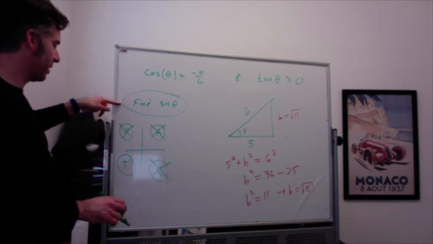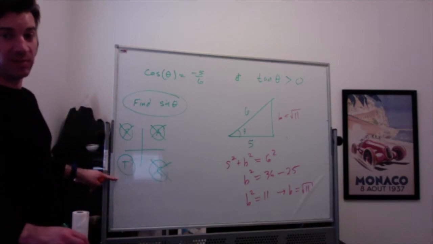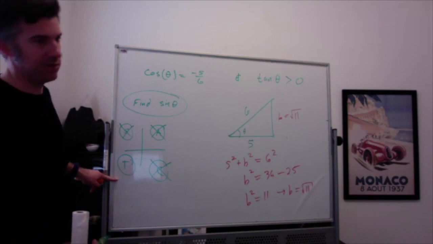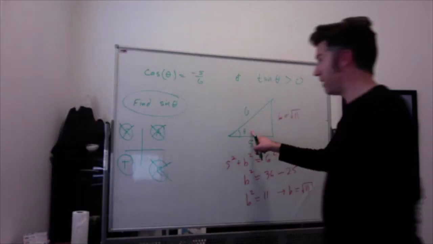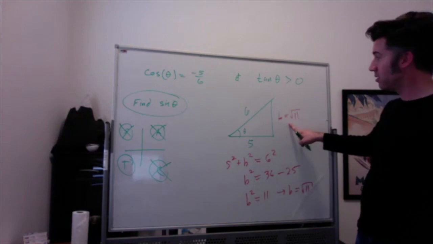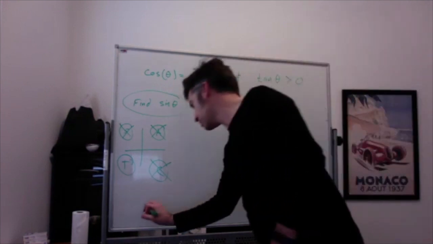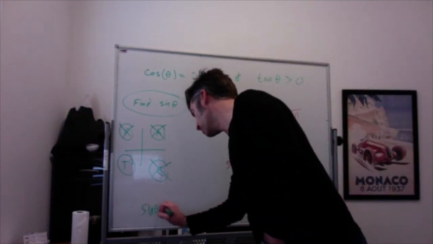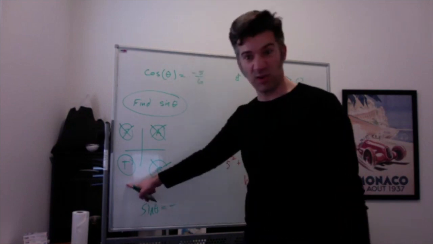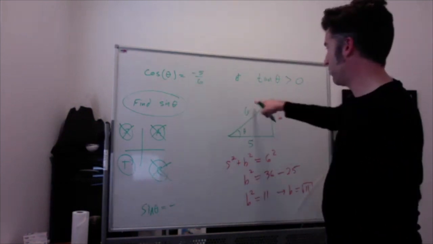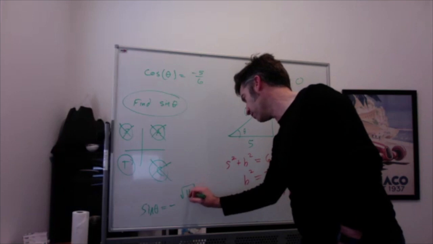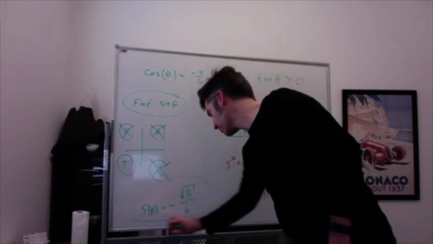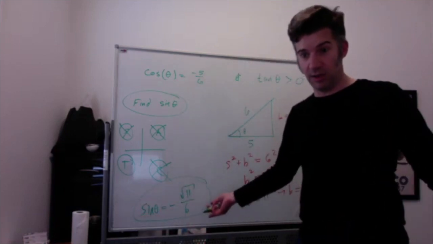Sine has to be negative because we're in quadrant 3, where tangent's positive and the other two, sine and cosine, are negative. So I know that sine of my angle is going to be opposite over hypotenuse. So sine of theta here is going to be negative, because we're in quadrant 3, opposite over hypotenuse: square root of 11 over 6. And there's nothing else to be done. That's our answer.